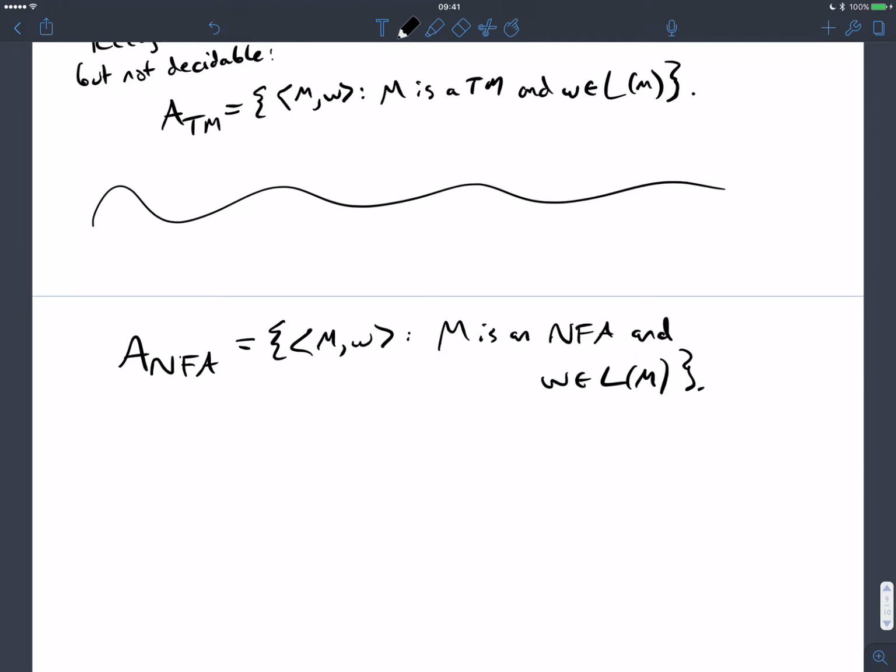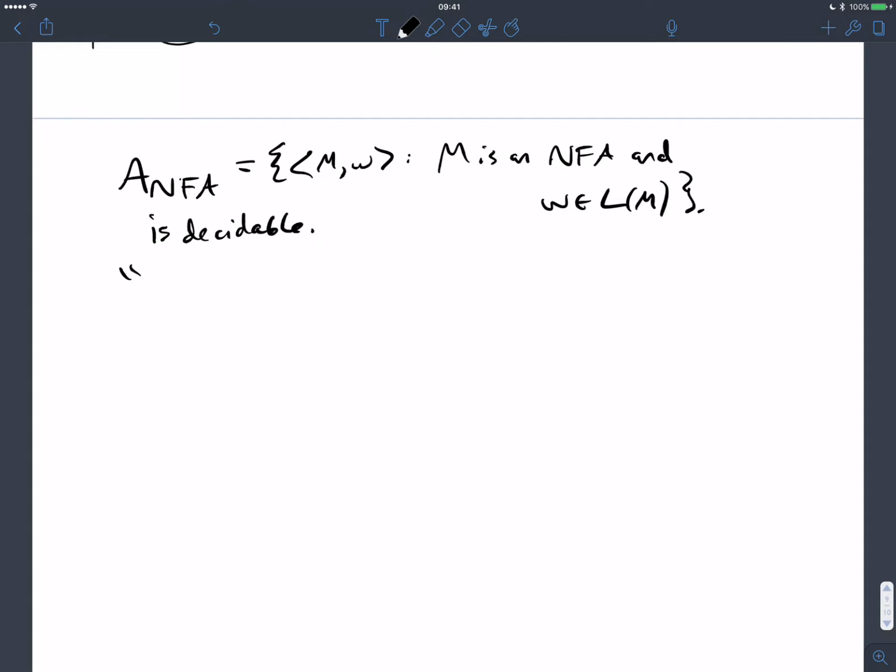I want to show that this is decidable. So can I make a decider that always halts for this problem? Exactly. Convert it to a DFA. Does that run in a finite amount of time? Yes. So here's the algorithm.